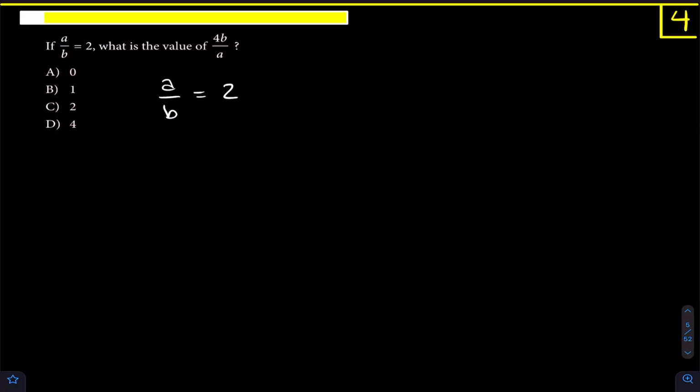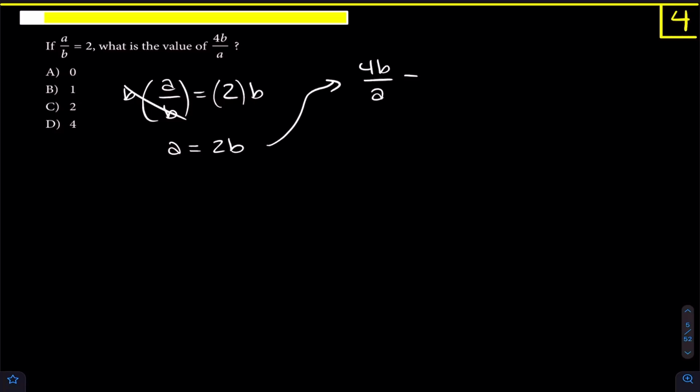You can just solve it like a substitution. So I can solve for a here really quick. I can just multiply b on both sides. And that will give me that a is equal to 2b. And if I have that, I can plug that into 4b over a. Because that'll get everything in terms of one variable now that I have a in terms of b.